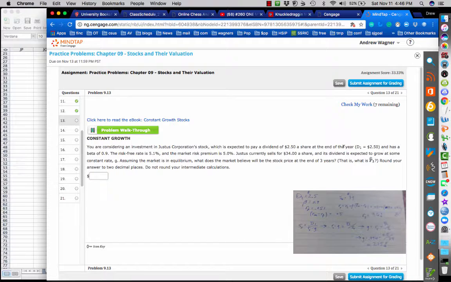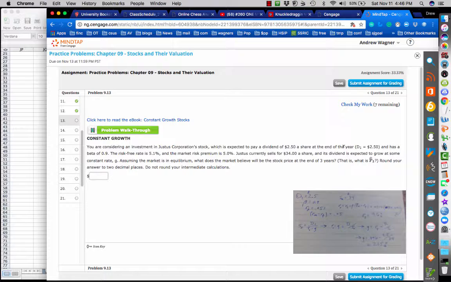Okay, and here we have a dividend of 2.5 at the end of the year, D1. Beta is given as 0.9, risk-free rate is 5.1, and market risk premium is given as 5. So we use CAPM to get the required return on this stock, and that gives us 9.6. And we plug that in for R sub S to our constant growth dividend model.